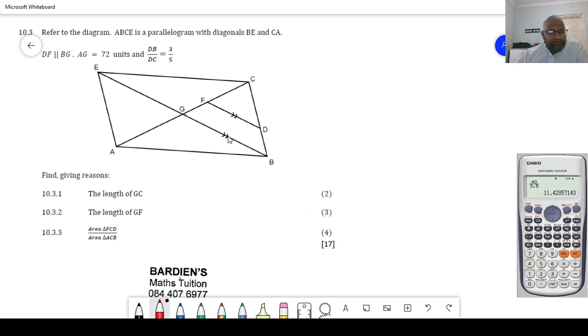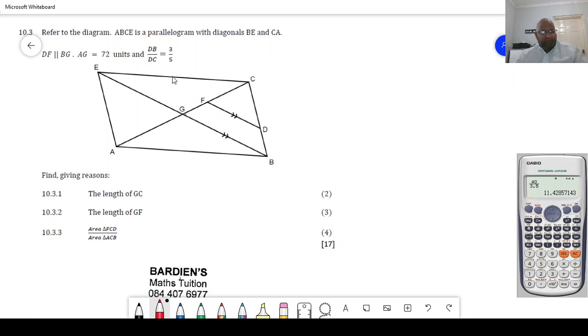So FD is parallel to GB, which means I can apply that CF over FG is equal to CD over DB. And that's your proportionality theorem rule there. Then we are told that AG is 72. So if AG is 72 centimeters or units, then this has to also be 72, as the diagonals bisect each other.